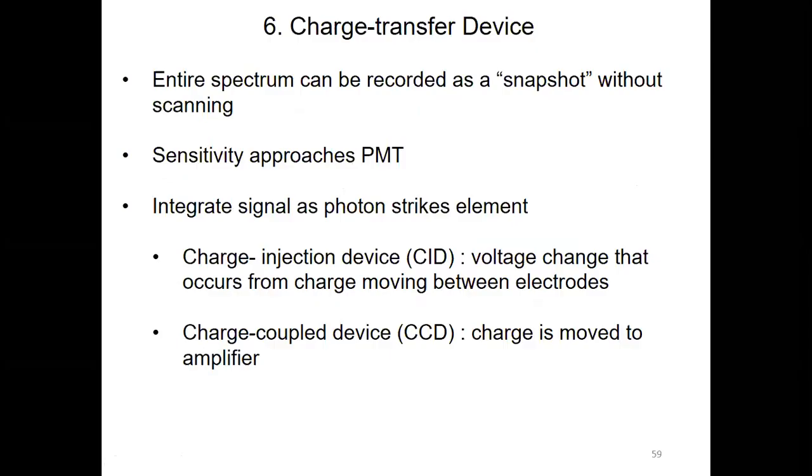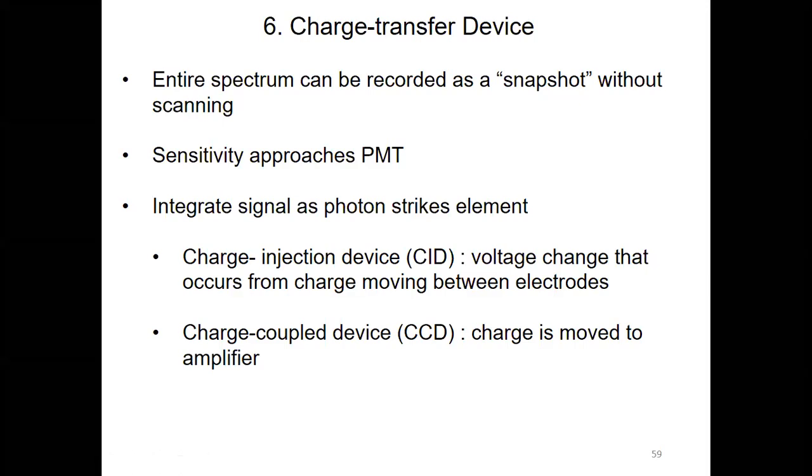Okay, if not, let's move to the sixth example, charge transfer device. So this is again a photon transducer, the charge transfer device. And what is happening here, the entire spectrum can be recorded as a snapshot without scanning.